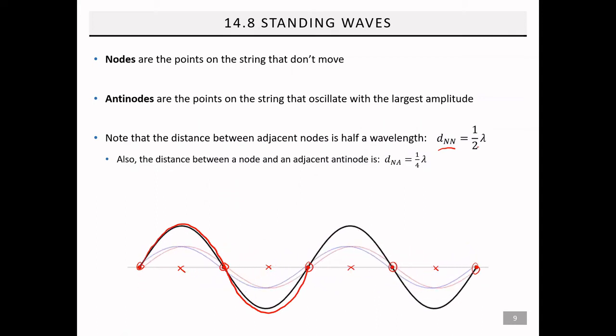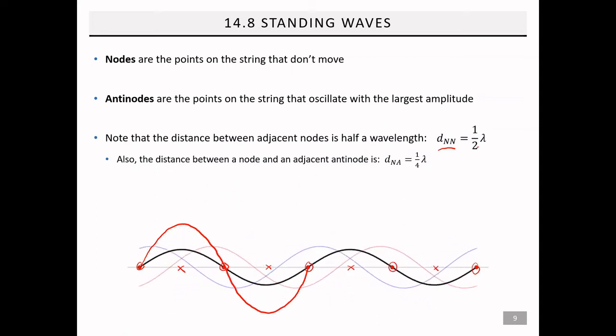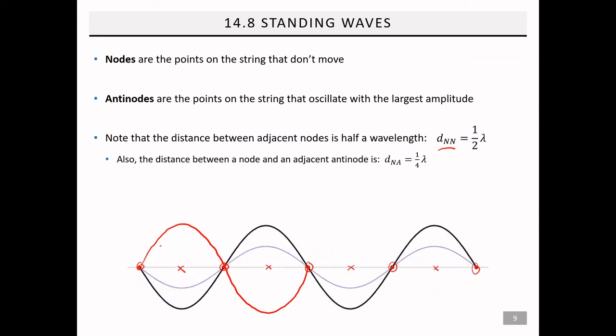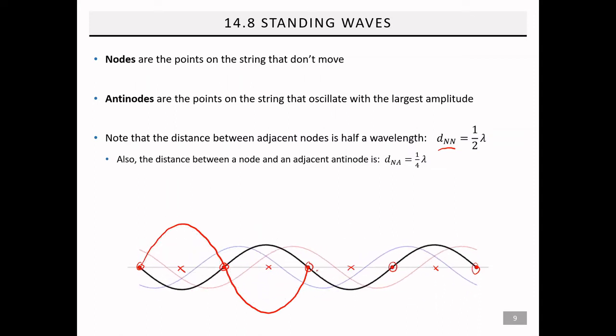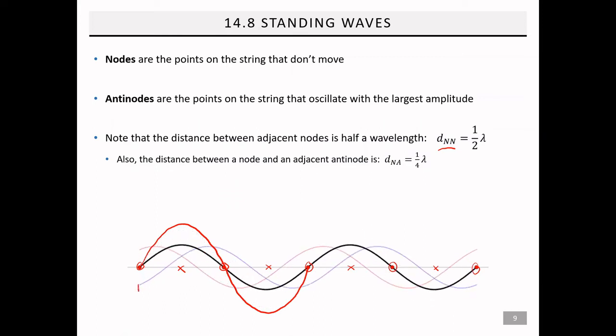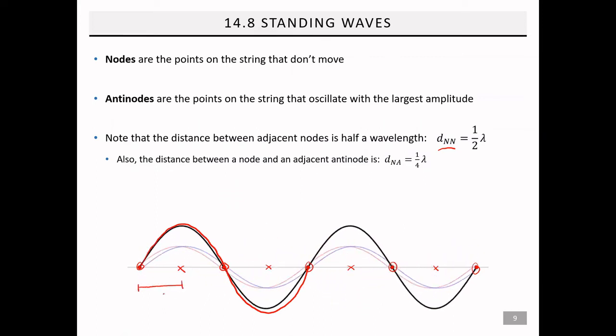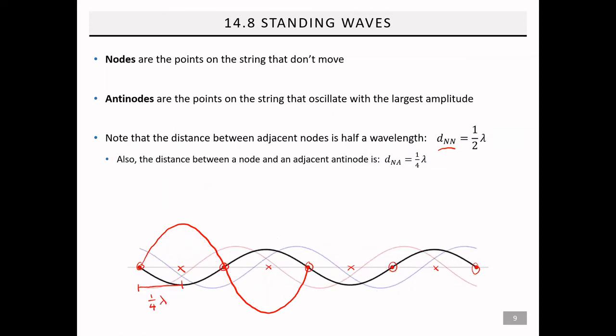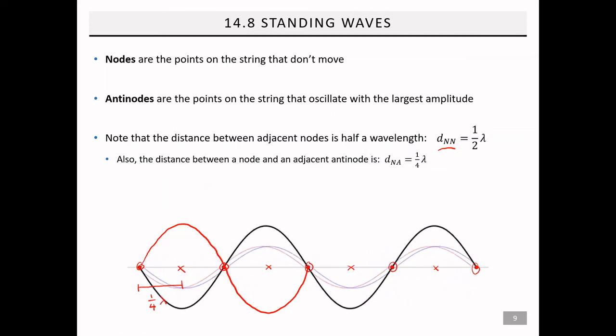Notice also that the distance between a node and any adjacent antinode is 1/4 of a wavelength. So if one wavelength is what I've drawn at the bottom, then 1/4 of the wavelength is this distance right here. So that's the distance between any node and the adjacent antinode.